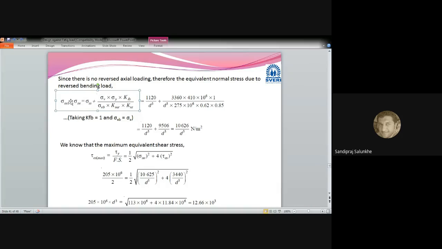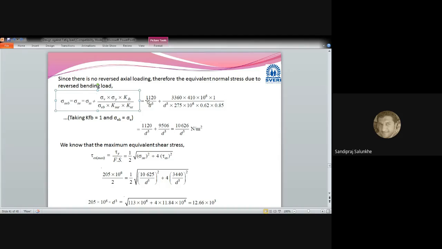That is, the endurance limit is equal to mean principal stress plus average principal stress into yield strength into stress concentration factor, divided by endurance limit for bending, that is for the principal stress, into surface finish factor into size factor.